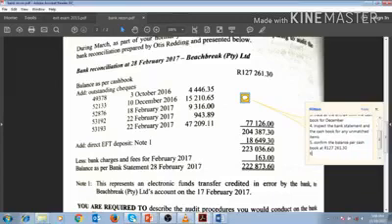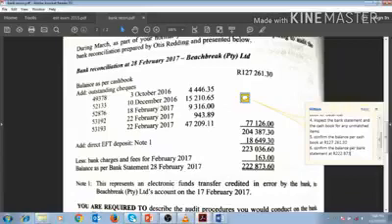And number 6, I'm going to confirm again the balance per bank statement at 222,873.60.